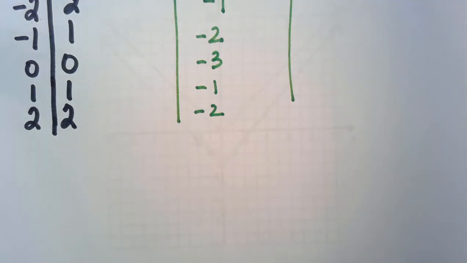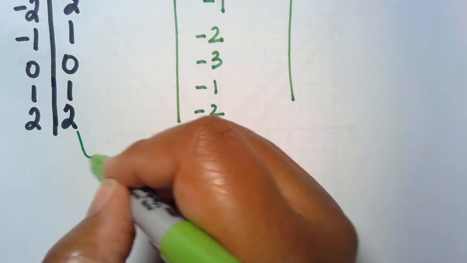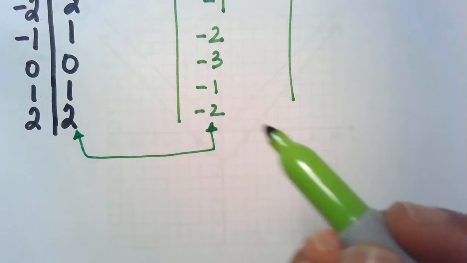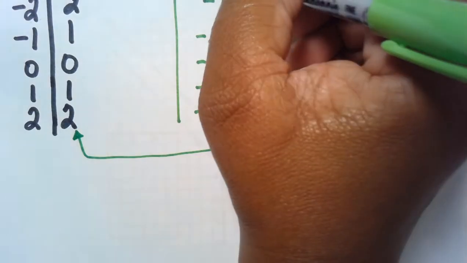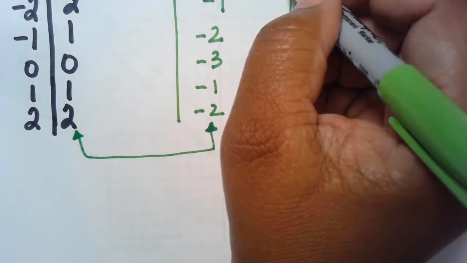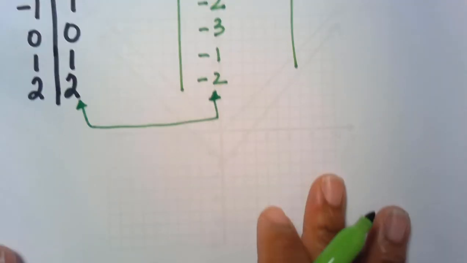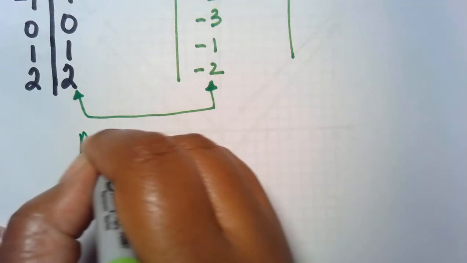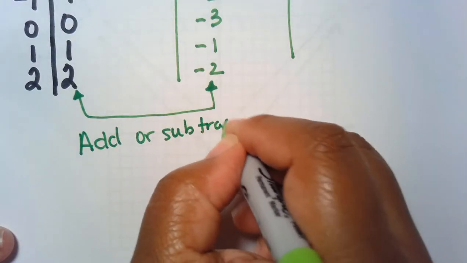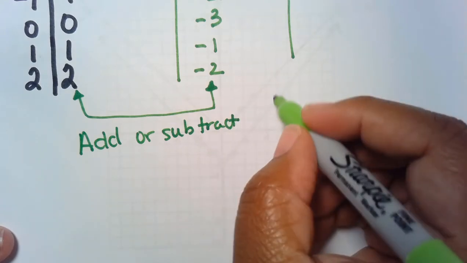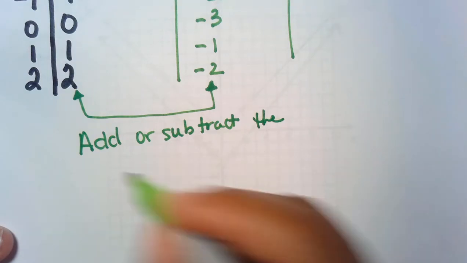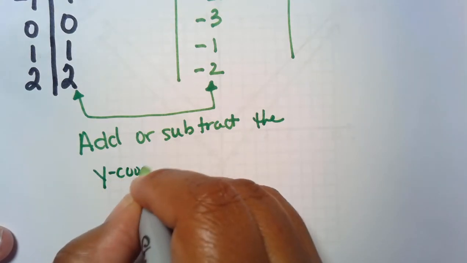So if you notice, what's going to change here whenever we have a number as the last constant term, either you're going to add or subtract the y coordinate.